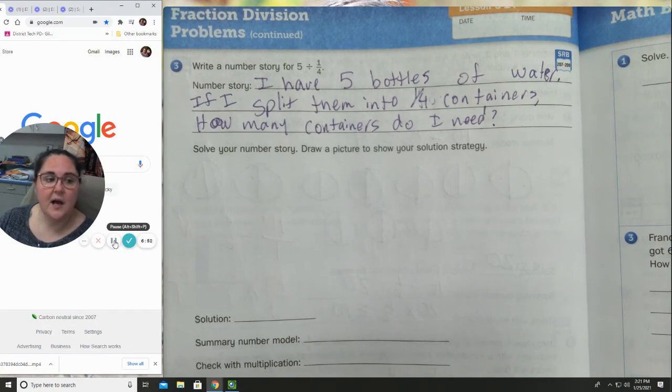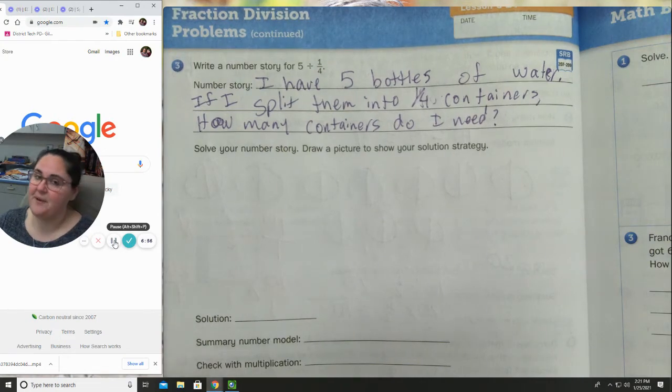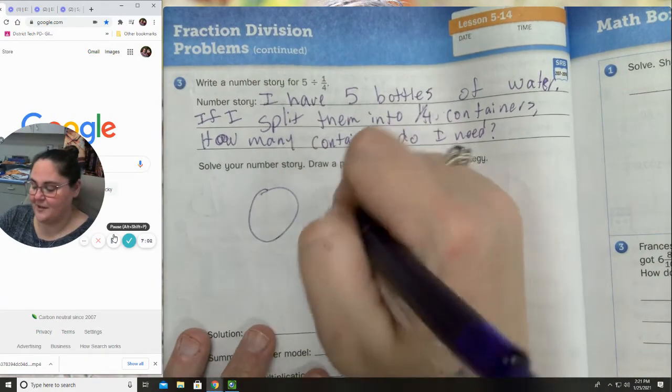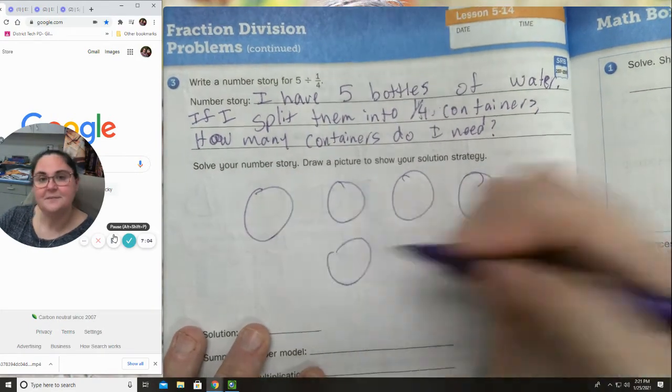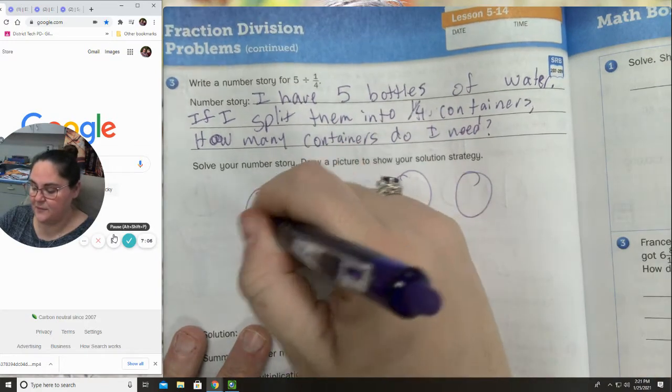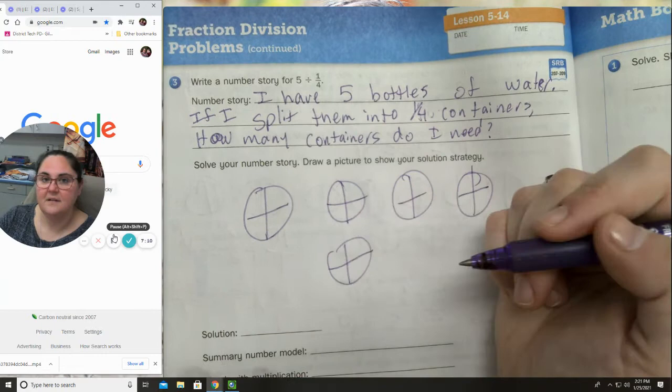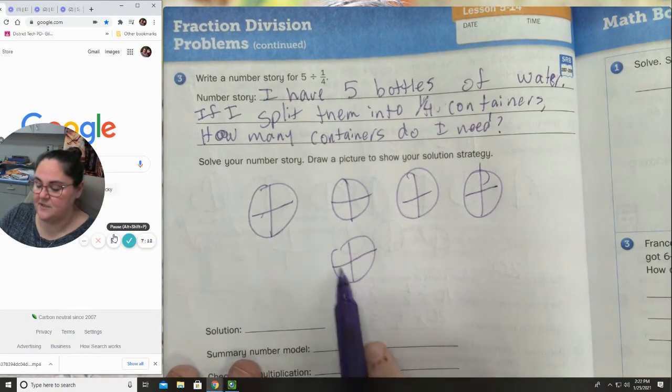All right. I want you to see if you can figure this out. Do the math. Draw a picture. Find my solution. For my picture, I'm going to draw my 5 bottles of water. I'm going to divide those into fourths. So each of these has to be in their own separate container.